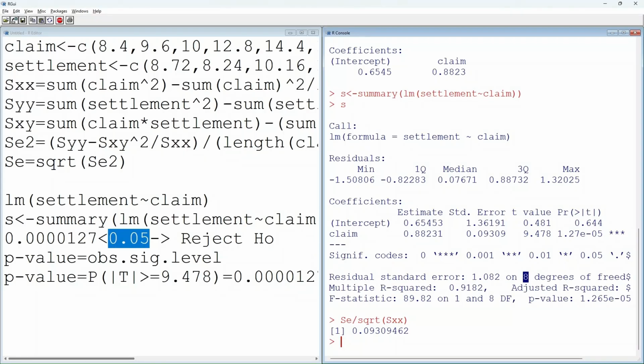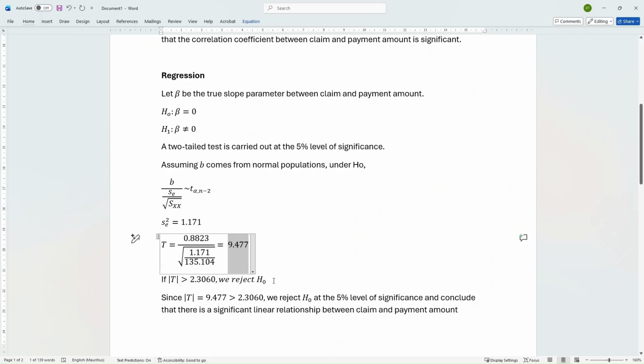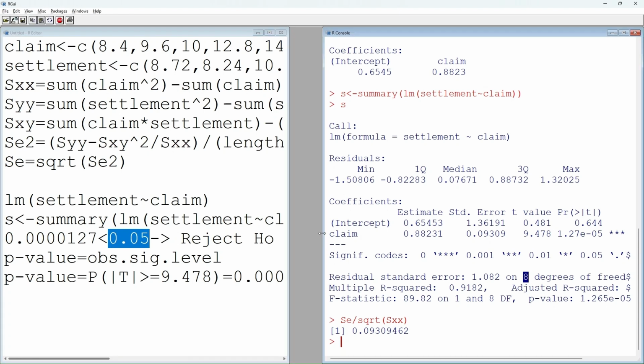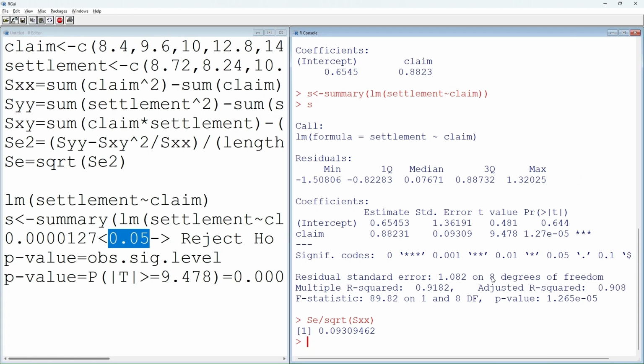The degree of freedom in a t distribution for a regression analysis is n minus 2. So you just need to know the sample size and subtract 2. For us, the sample size is 10, so we subtract 2 and get 8 degrees of freedom. And then you have the residual standard error.